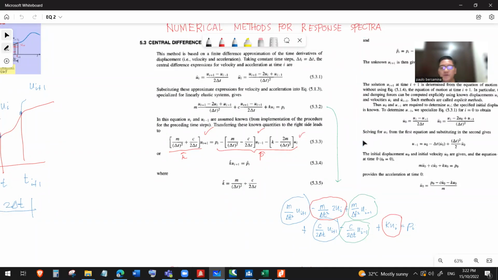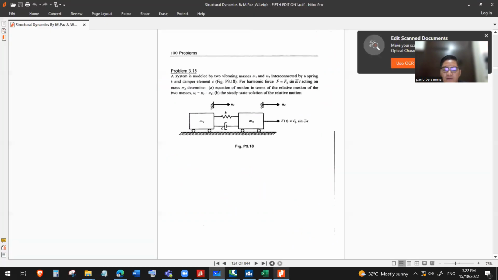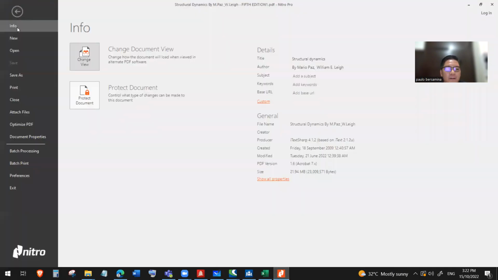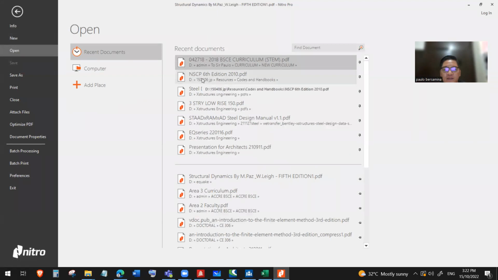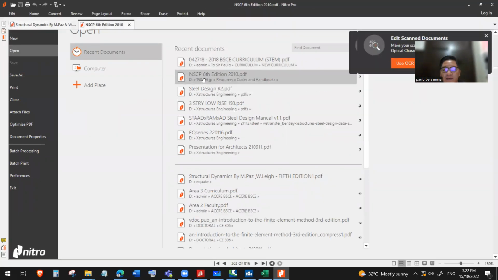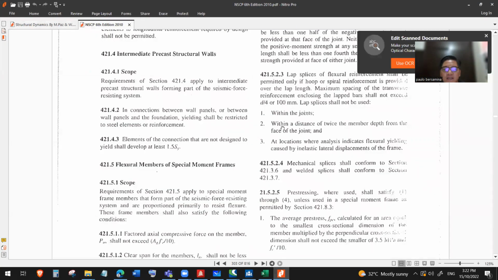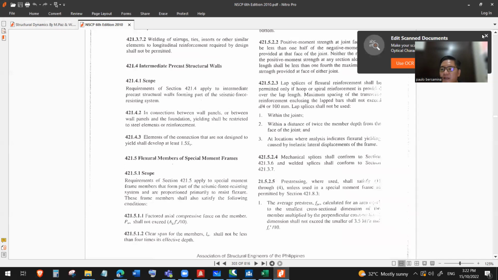Okay, good afternoon, everyone. So today we'll discuss response spectra. Right. So where do we see response spectra? Balikan natin yung NSCP. But this one is the design response spectra.